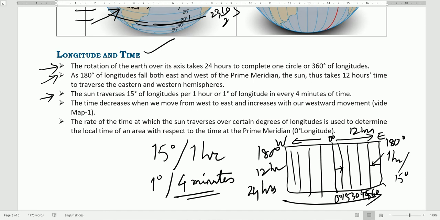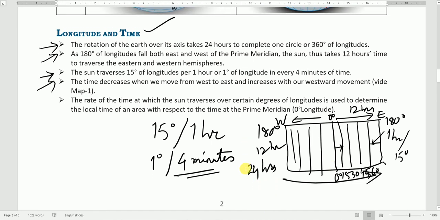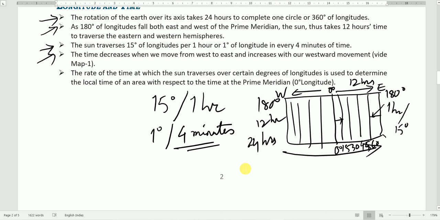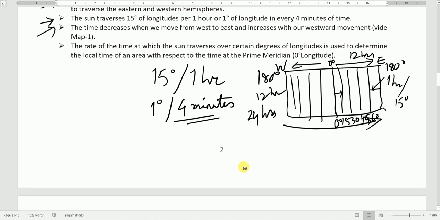Then the time increases when we move from west to the east, and decreases with our westward movement. Just let us see a map. Let me repeat. Time increases when we move from west to the east.